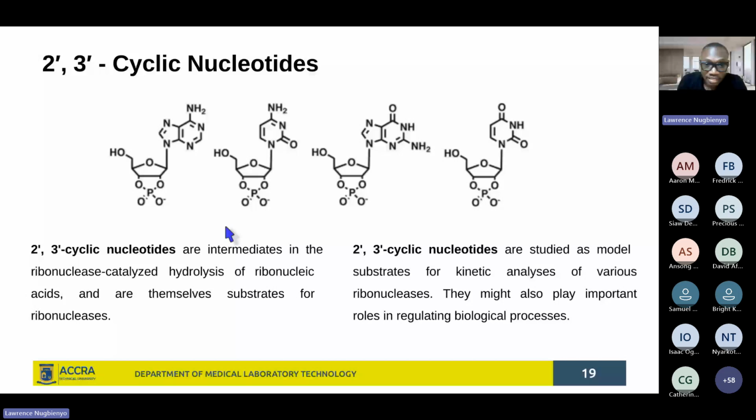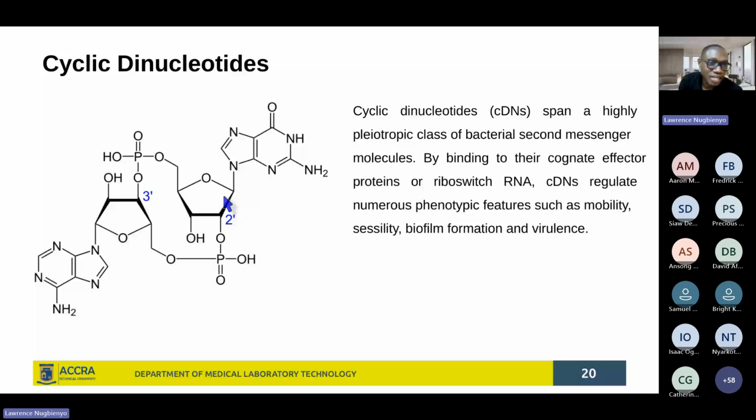Right, now you can also have a dinucleotide. So two nucleotides can actually form a cyclic structure. So you have what you refer to as a cyclic dinucleotide. Like if you take the structure, for instance, the best way to look at it is don't be scared about these chemical structures.